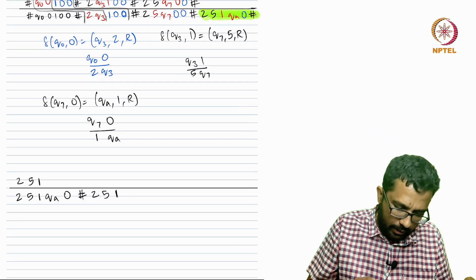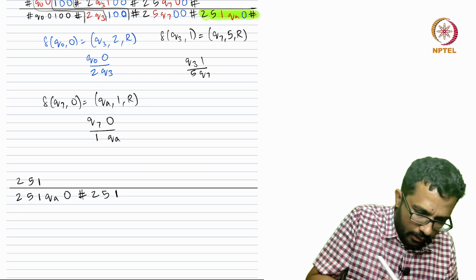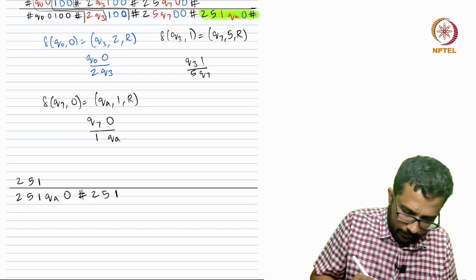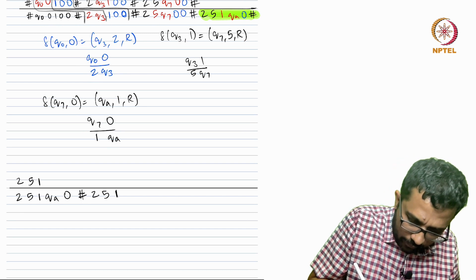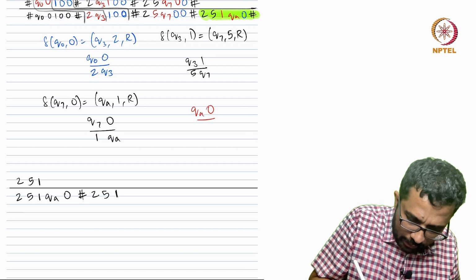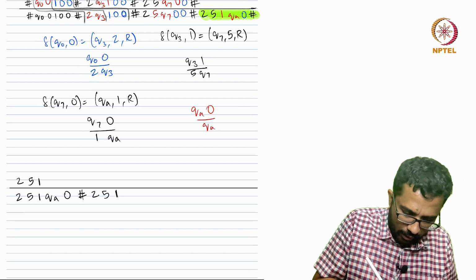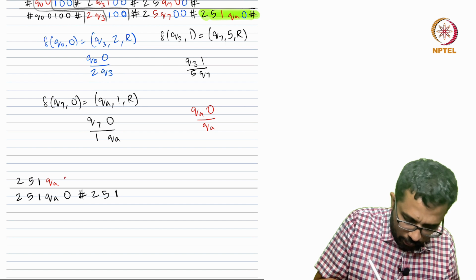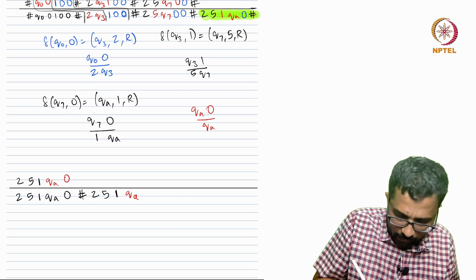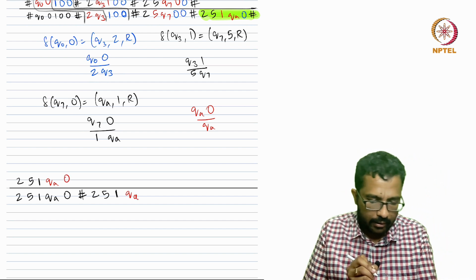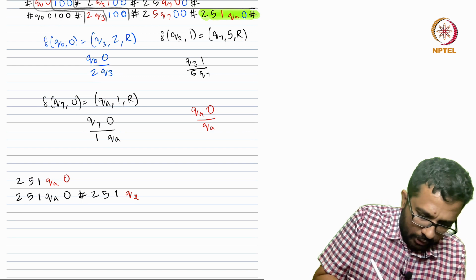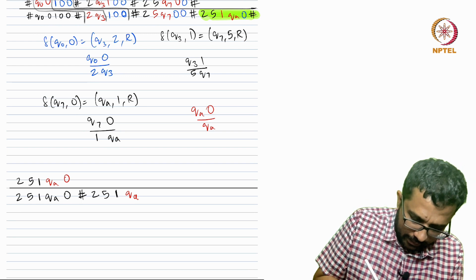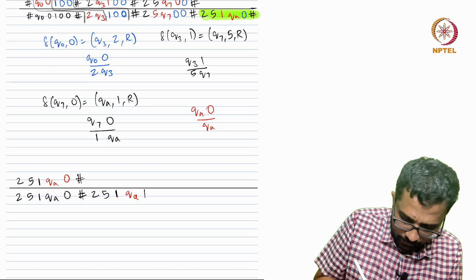So I will use this one. For instance, I can use this domino, q accept 0 by q accept, right? So I will just say q accept 0 on the top, and the bottom will be q accept, right? And so let's see what happens now, and then let's say I use hash and hash.